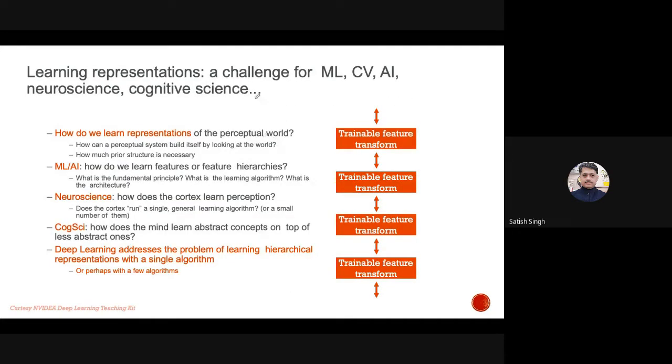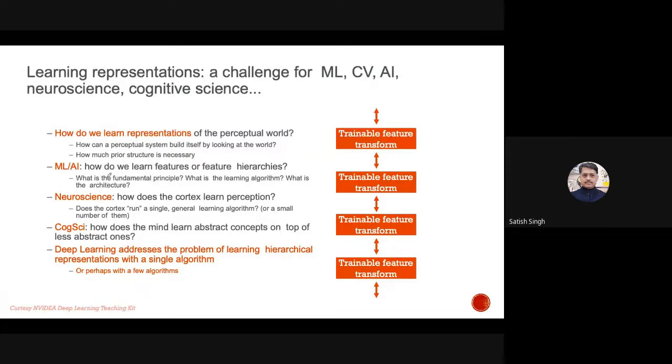So learning representation is a challenge for machine learning, computer vision, AI, neuroscience, cognitive science, and many more. Means almost everywhere. How we learn representation is important. Means of the perceptual world: how can a perceptual system build itself by looking at the world, and how much prior structure is necessary?